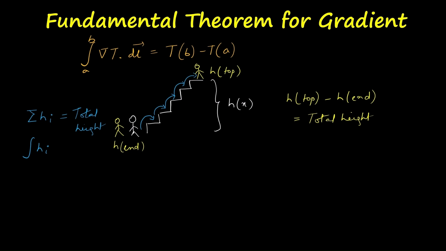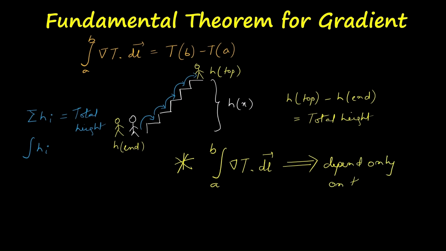Now before concluding this, I would like to mention two special cases here. One is the integration from A to B of the gradient of this T. This integration will depend only on the 2 endpoints, and it will be independent of the path.